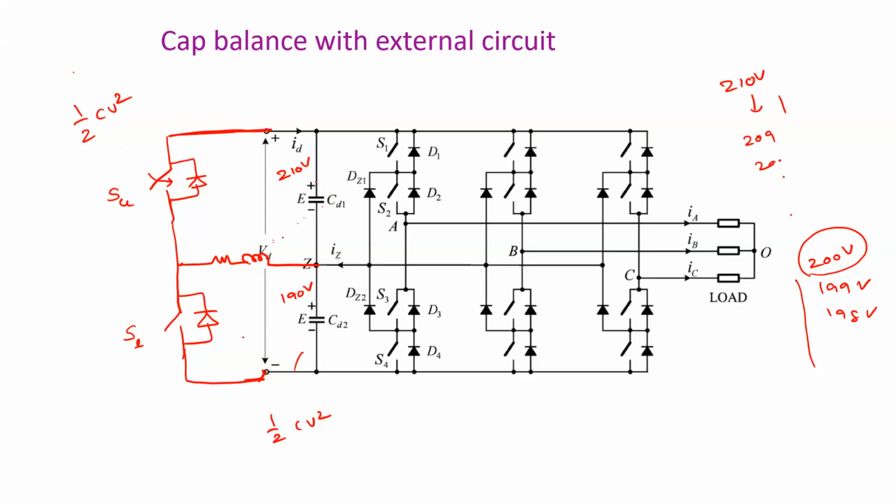Now this excess energy, which is equal to the 10 volt decrease in the capacitor voltage, is stored in the inductor. Understood? And this will be the current direction.